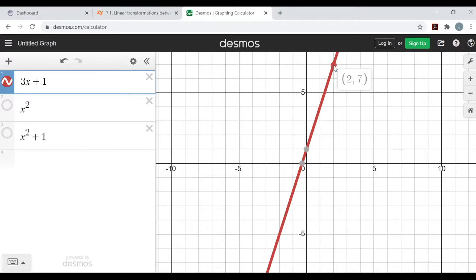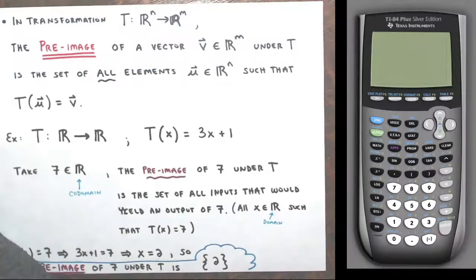So that means the pre-image of 7 is only the number 2. Only the number 2 has an output of 7 or an image of 7. Okay, so that's what I meant when I wrote this, that the pre-image of 7 under T is the set with only the number 2 in it.